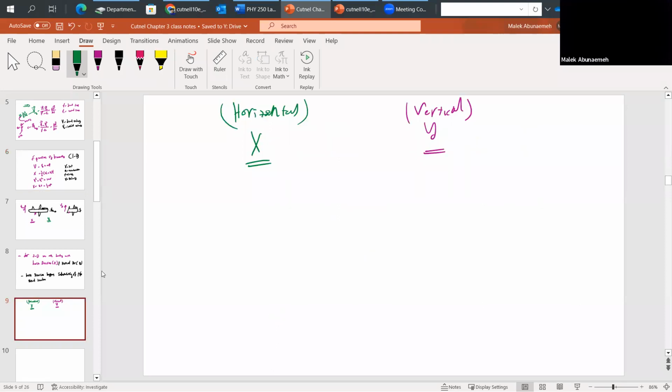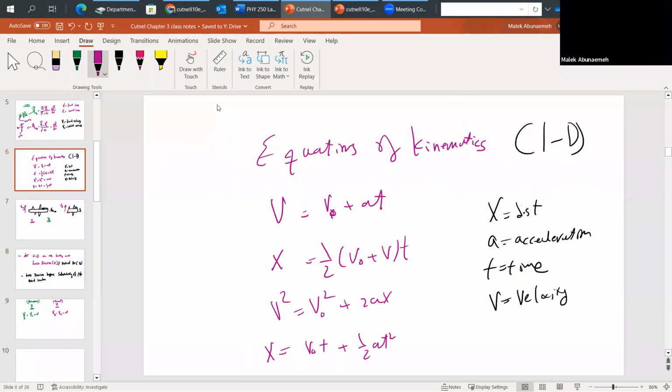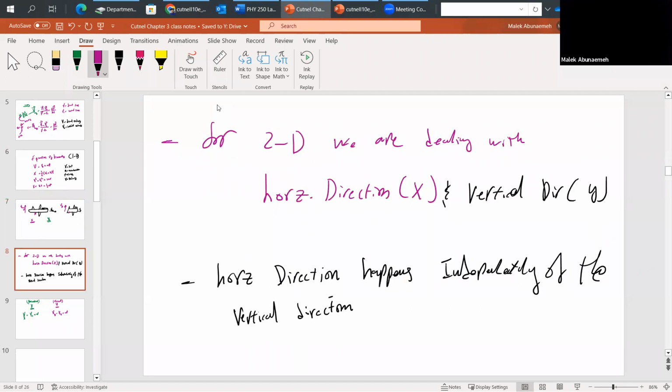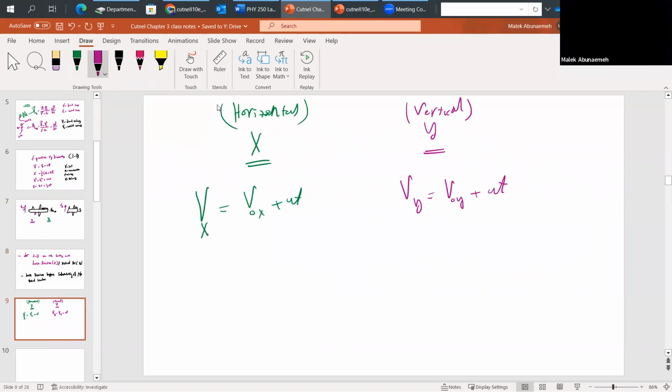That means your final velocity in the x direction is going to equal your initial velocity in the x direction plus A t. And your final velocity in the y direction is going to equal your initial velocity in the y direction plus A t. Our second equation was x equals 1/2 initial plus final velocity times t.